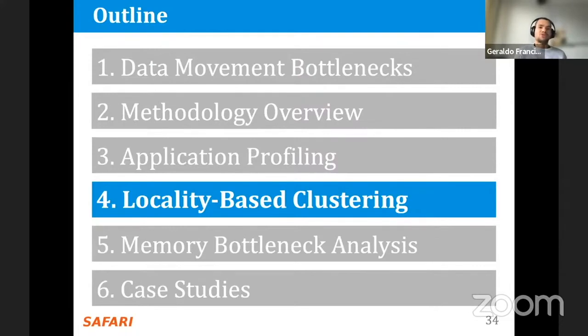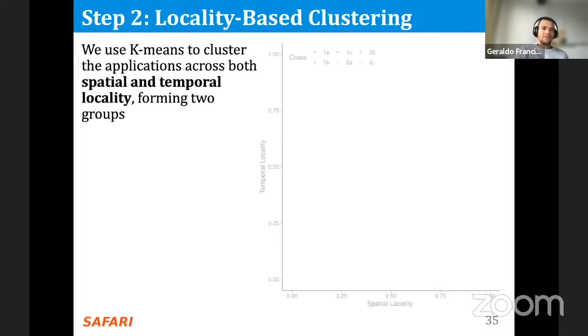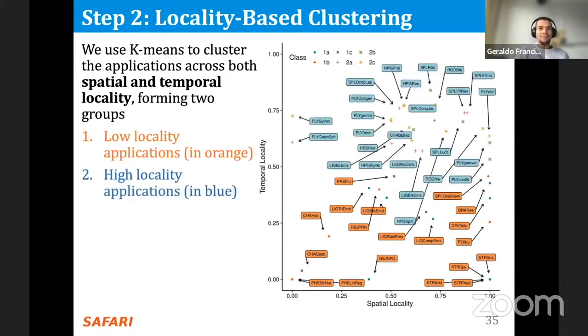Then we go to step 2 of the methodology, which we apply on top of the 44 functions that we selected previously. We collect the spatial and temporal locality values from the selected 44 functions and perform a locality-based clustering. We use k-means clustering to create two groups of applications: applications with low locality, here in orange, and applications with high locality, here in blue.